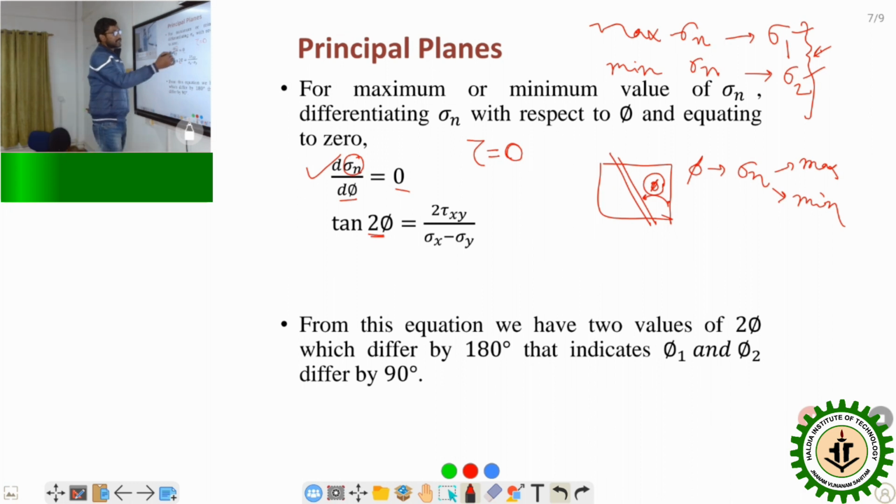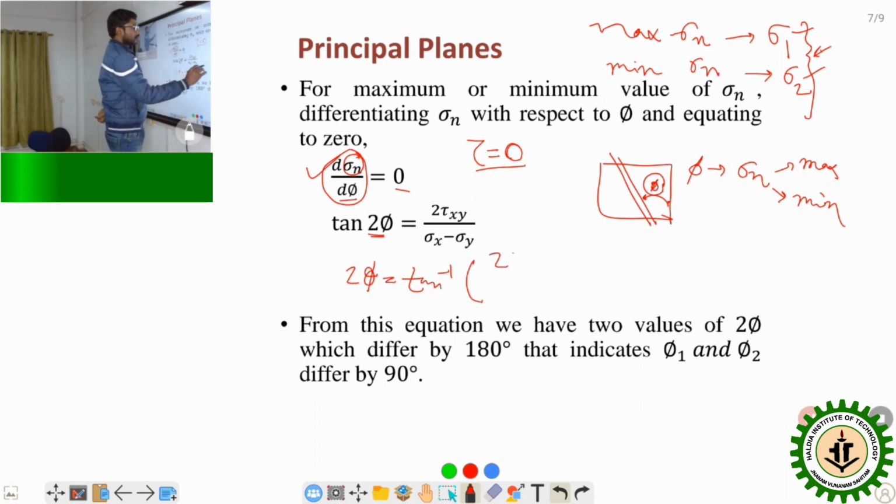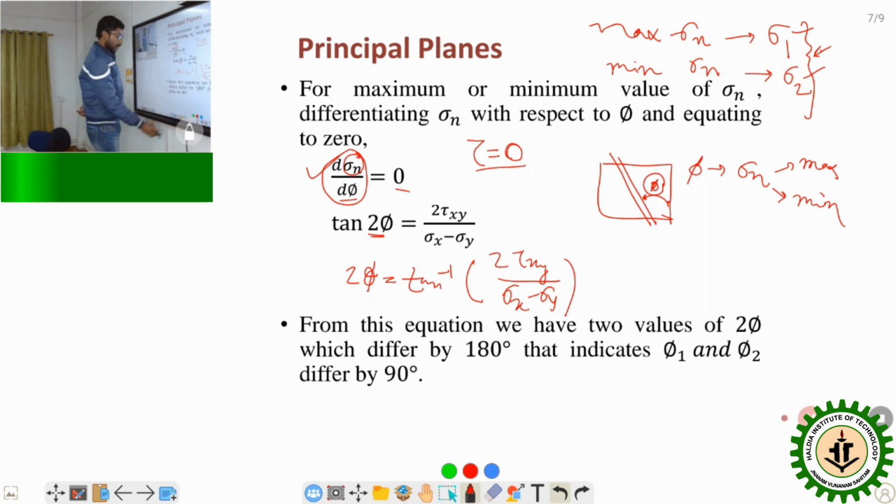So by equating either shear stress equal to 0 or differentiating sigma n with respect to the inclination angle phi equal to 0, we will be able to calculate 2 phi equal to tan inverse of 2 tau xy by sigma x minus sigma y, or phi equal to half of tan inverse of 2 tau xy divided by sigma x minus sigma y.